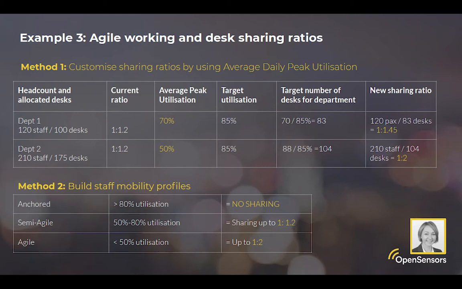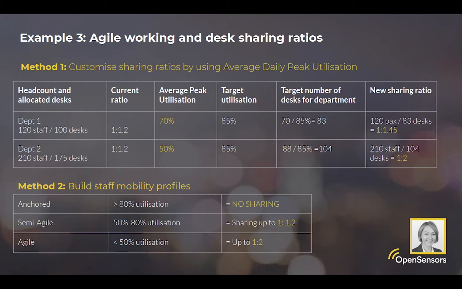Which is also very reflective of the peak utilization patterns, because obviously this department is much more mobile compared to the first one. So it doesn't really make sense for them to have the same sharing ratio, because they have different working patterns. You would probably see the effect of scale with much larger departments or organizations, but the cost of a desk in cities like London is just incredibly expensive.